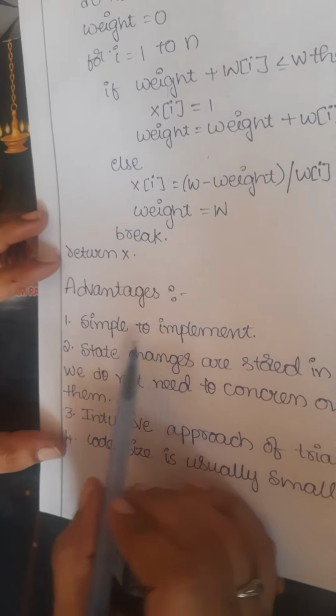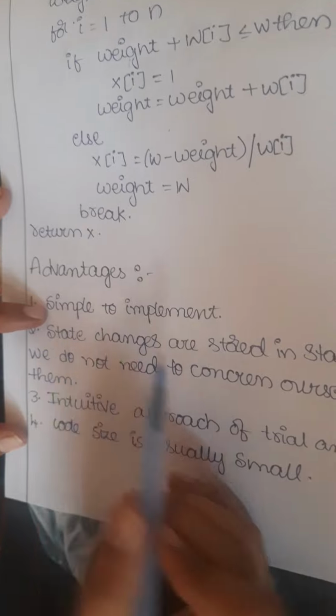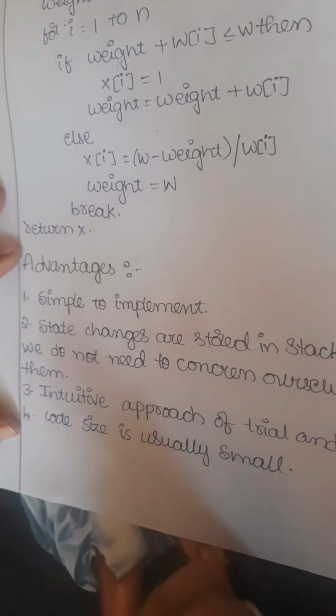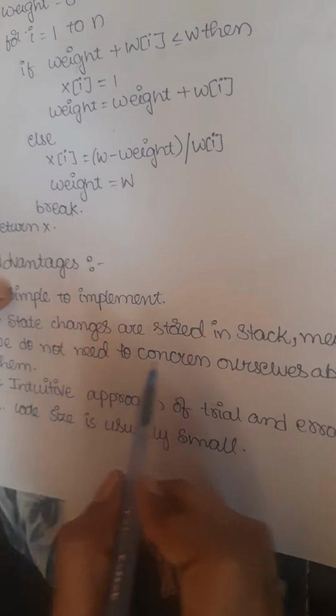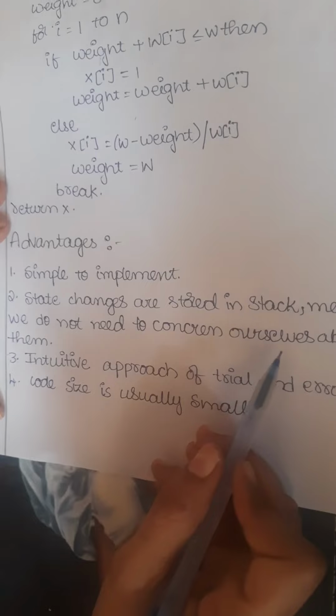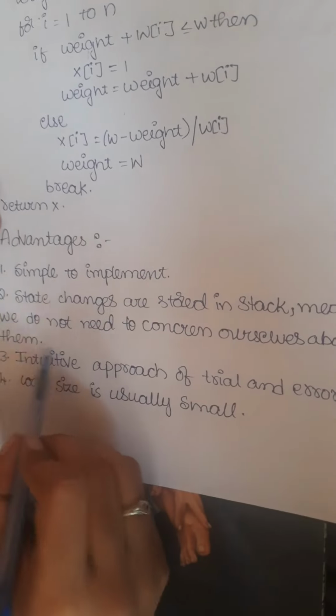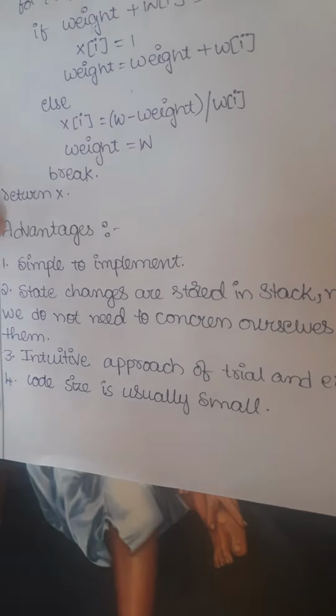And let us see the advantages of the knapsack greedy method. Simple to implement. It means it is very simple to implement and understand. State changes are stored in the stack, meaning we do not need to concern ourselves about them. It means, see what we did in this.